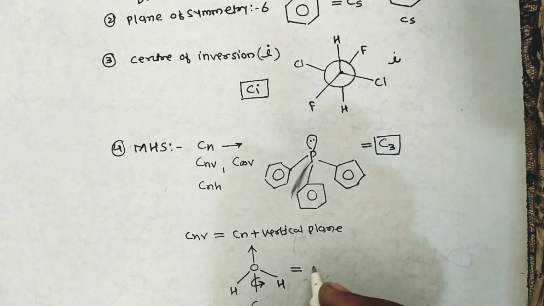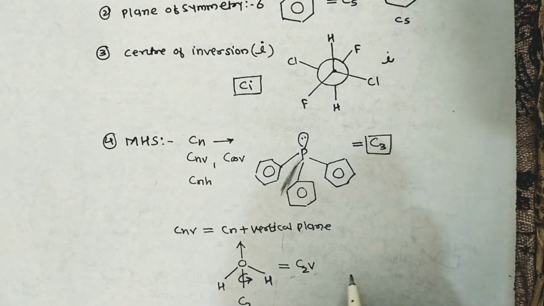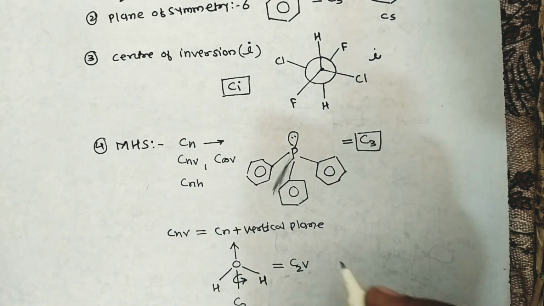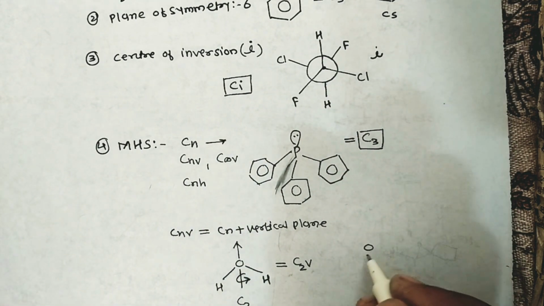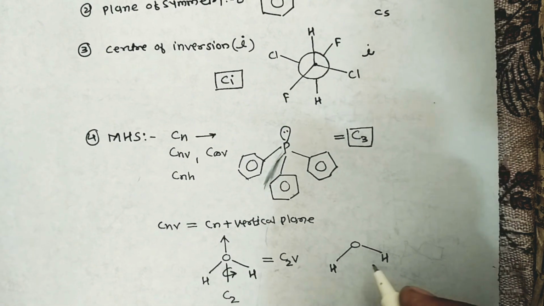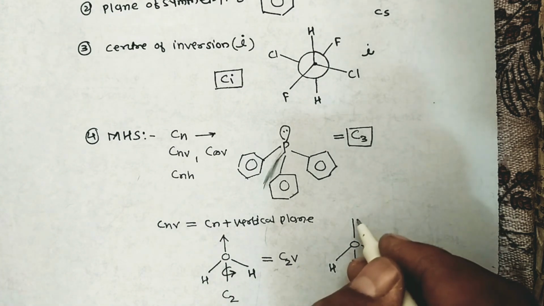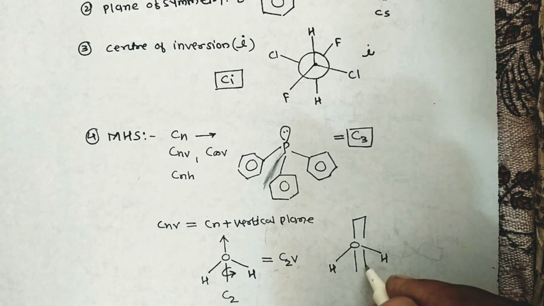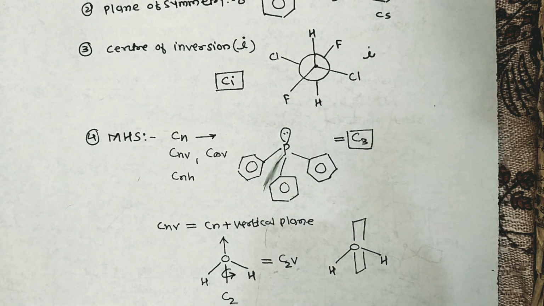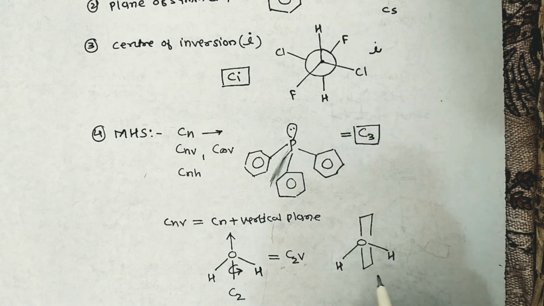Therefore, the point group is C2v. Now this is the axis, and how can you draw the plane? Let me show you. You can cut this molecule into two equivalent halves. Therefore it contains a vertical plane. Therefore v is denoted.